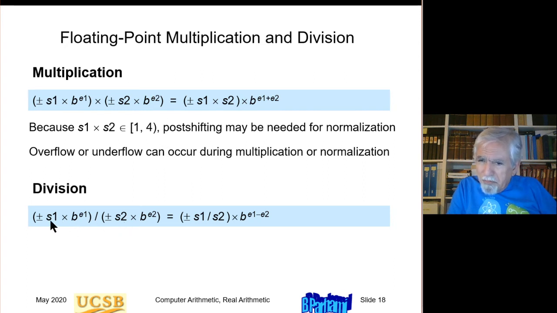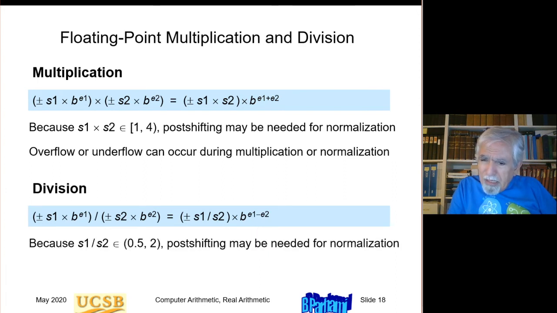Division is similar. Two numbers being divided, you divide the significands and subtract the exponents. Again, a similar thing can happen here. Each of these numbers is in the range 1 to 2. So the range of the ratio of these two will be 0.5 to 2. This is an open interval.